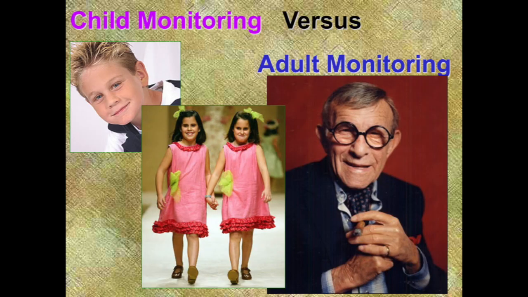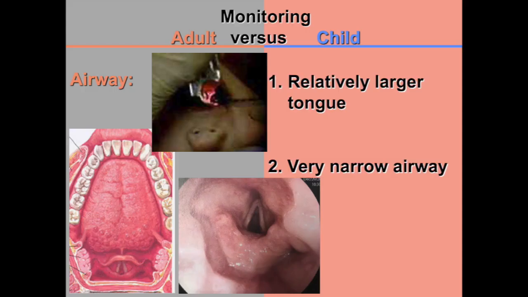As far as monitoring children versus adults, it's as if the human being was 2 different types of human beings. Children are so different from adults. So we're looking at, with the child, they've got a larger tongue, a very narrow airway compared to the adult.